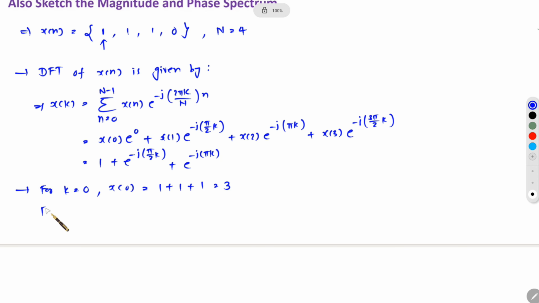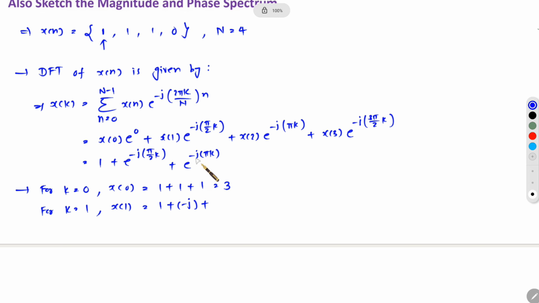Now let us identify x of k for k equals 1. So here x of 1, we will identify. We have 1 plus, for k equals 1, e to the power minus j pi by 2. One should know that e to the power minus j pi by 2 is minus j. And then here we have e to the power minus j pi, with k equal to 1.